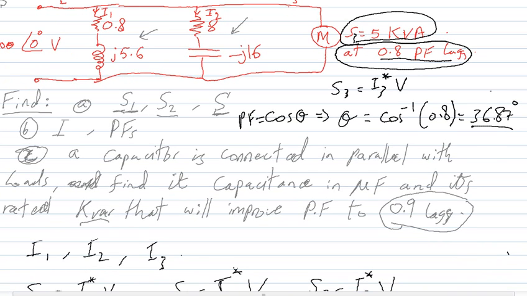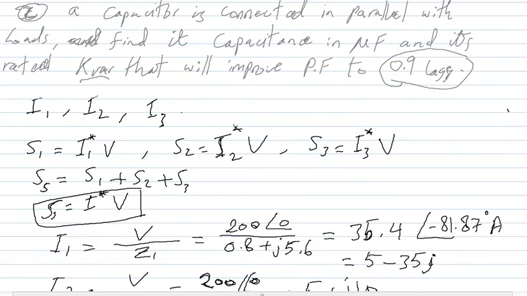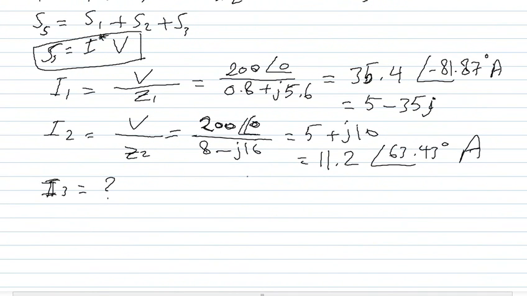It means that this is the amplitude, so this S3 is equal to amplitude S with an angle theta. So we have theta and we have the amplitude 5000.